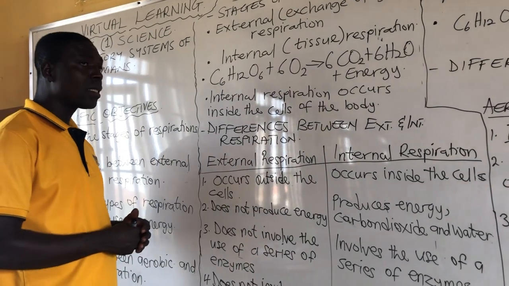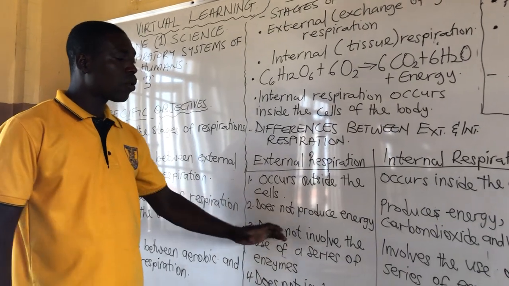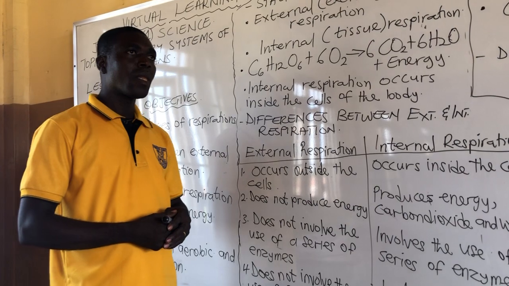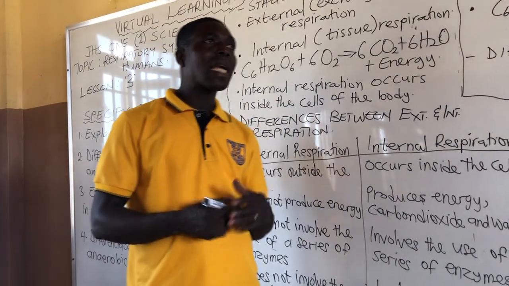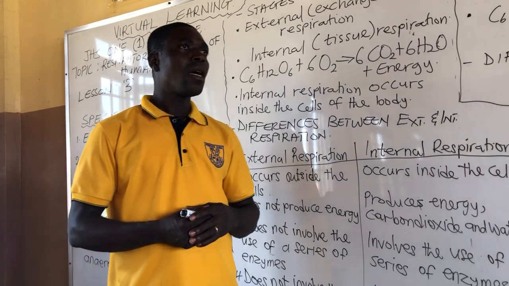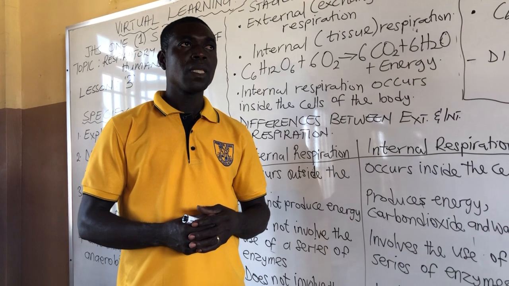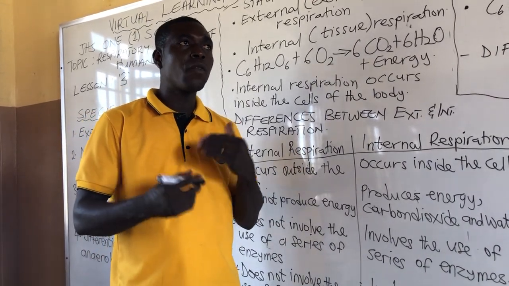Now the third difference is that for the external respiration, it does not involve the use of a series of enzymes. Now what is an enzyme? Enzymes are special chemical catalysts that speed up digestion, that is the breakdown of food substances.